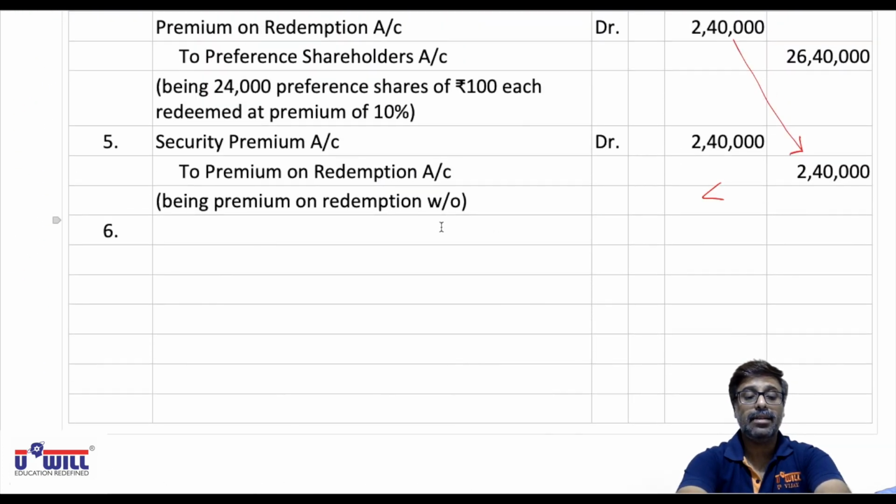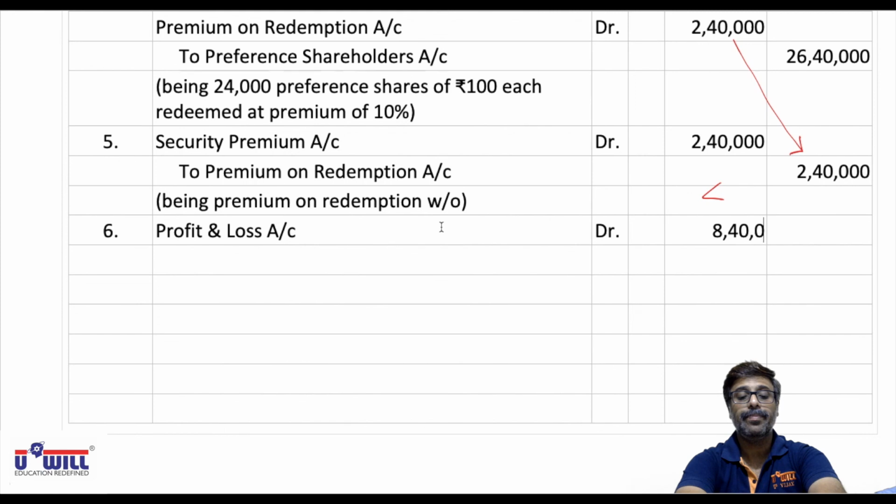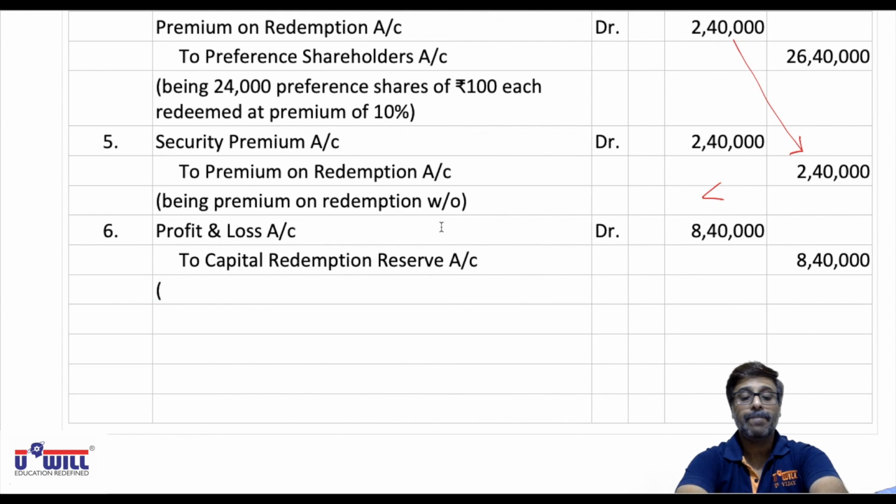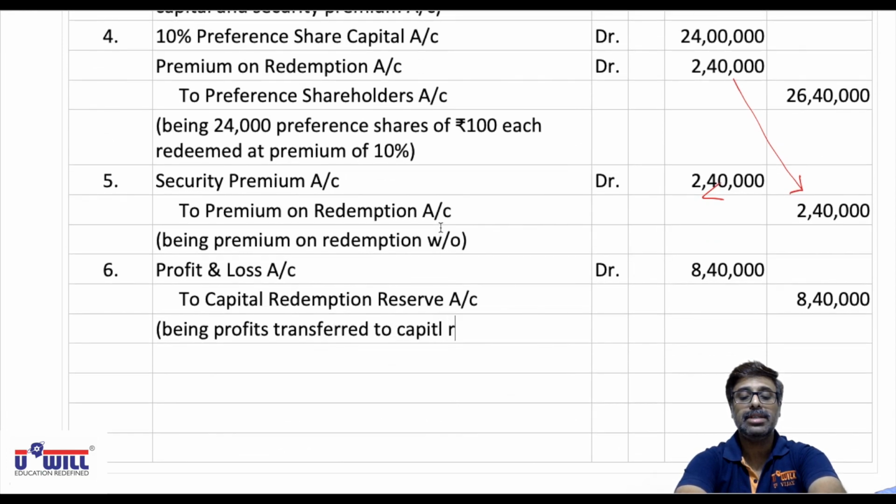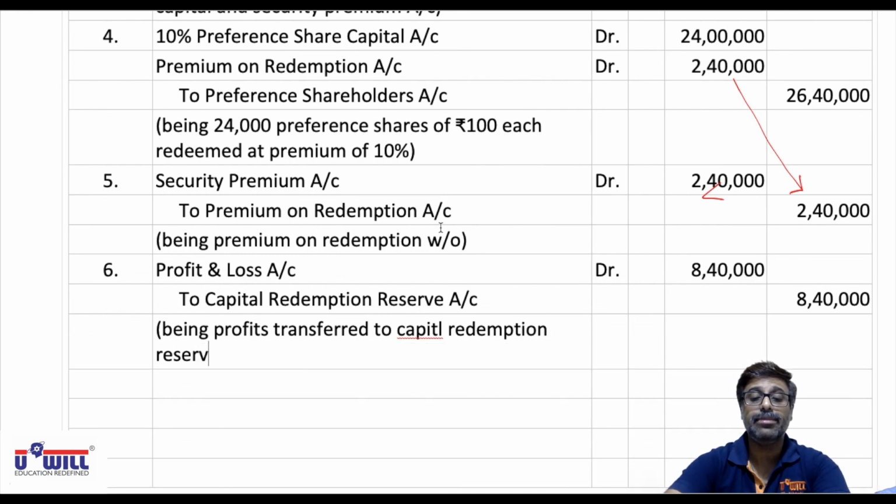So profit and loss account debit with 8,40,000 to capital redemption reserve account 8,40,000, being profits transferred to capital redemption reserve.